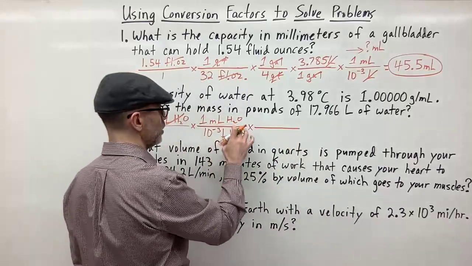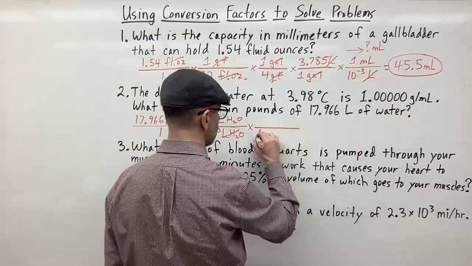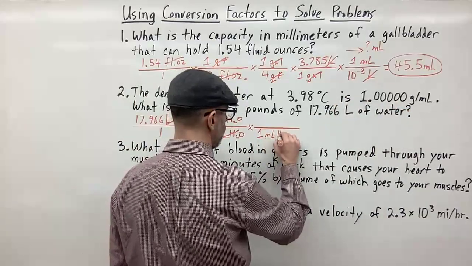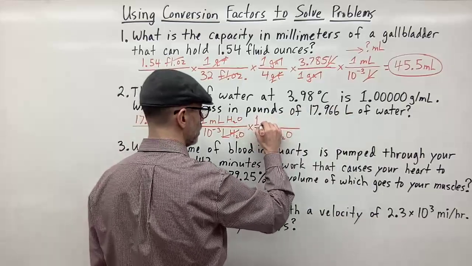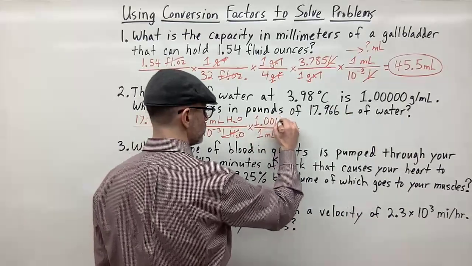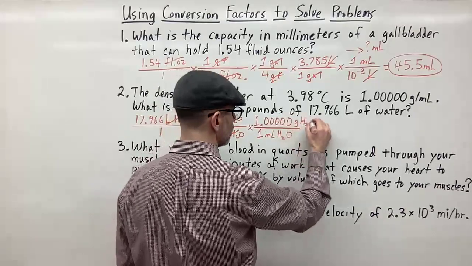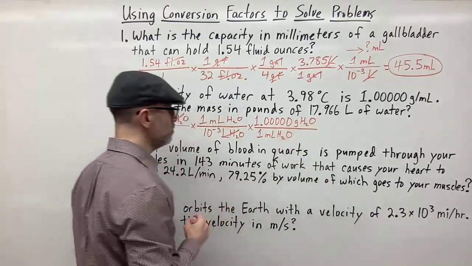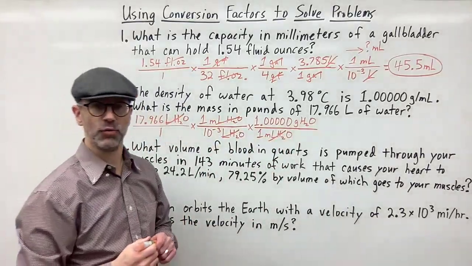I have milliliters on the top here, so I'm going to put milliliters on the bottom. So 1 milliliter of water, and on the top is 1.00000 grams of water. Milliliters of water cancel out. Now I have grams of water.